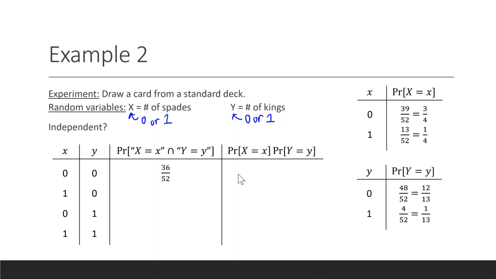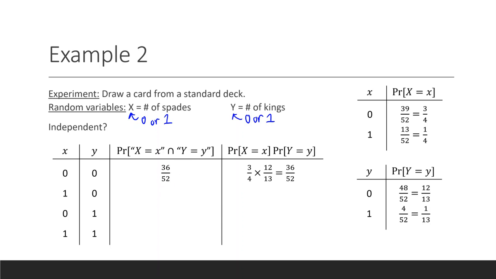To get the stuff here, we just go look at the x equals 0 probability and multiply it by the y equals 0 probability. So that's 3/4 times 12/13, which is 36 over 52, and that's the same as what we got in the first column. So that's good.